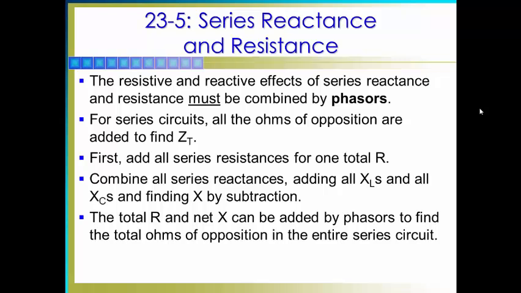First, add all series resistances into one total R. Then combine all series reactances, adding all XLs and all XCs and finding net X by subtraction. Then the total R and net X can be added by phasor computation to find the total ohms of opposition in the entire circuit.